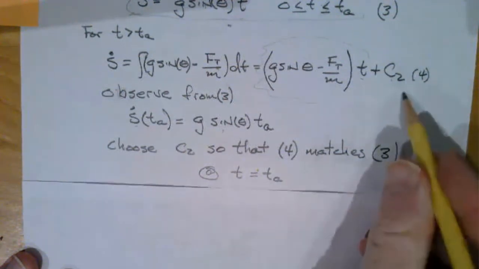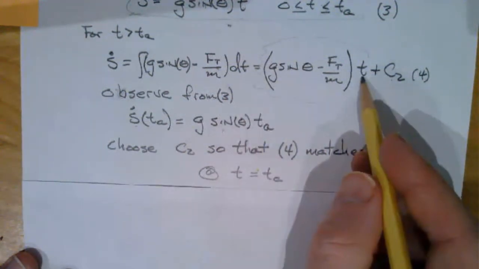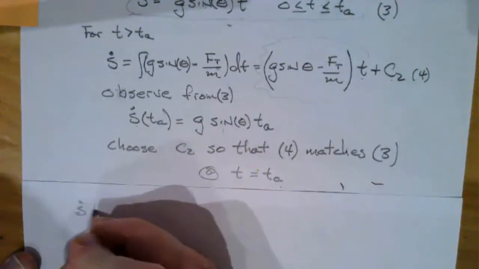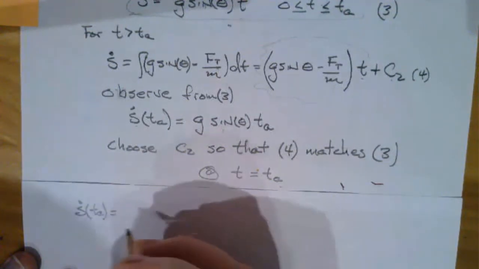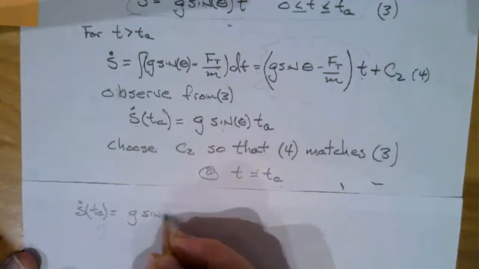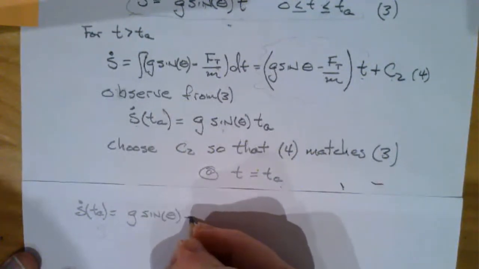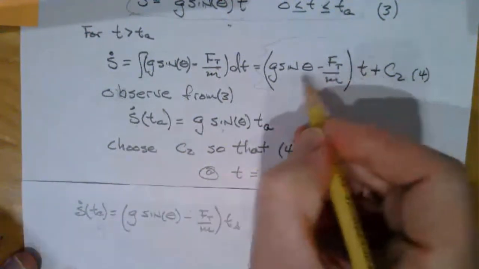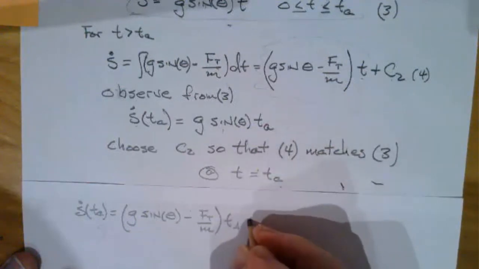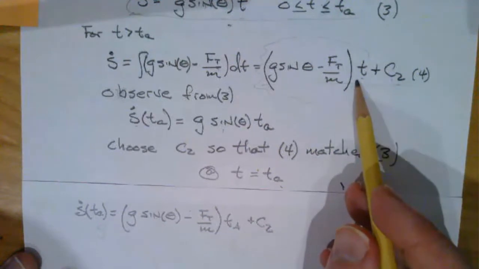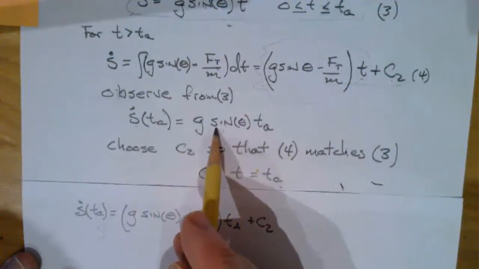All right, so let's do it. I'm going to take equation number 4, which is right here. I'm going to stick t equals ta in there. So I've got s dot at ta is equal to, reading right from above, g times sine of theta minus ft over m, all times ta, right there, plus C2. So there's equation number 4 with t equals ta substituted, and I have to match that to equation number 3 with t equals ta in there.